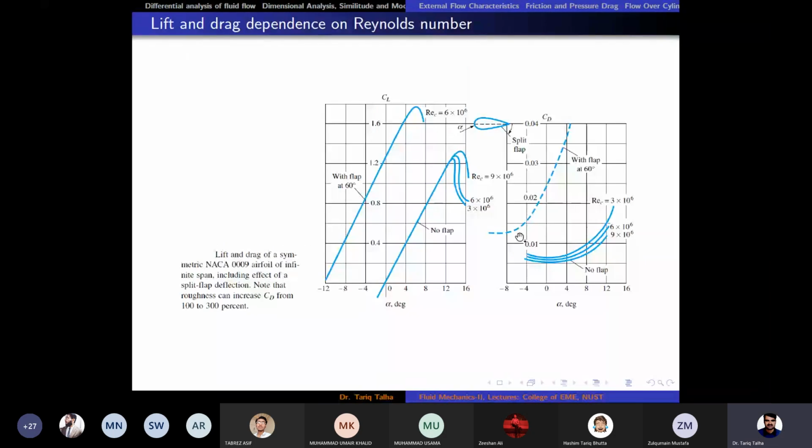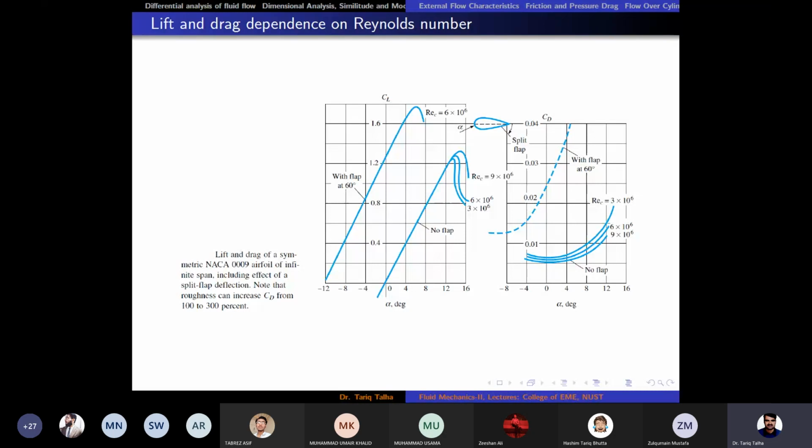Then on the right hand side, as the saying goes, there is no free lunch in this world. Because we are increasing the CL value, the CD value would also increase. Here the bottom three curves are the CD curve without the trailing edge flap, and this dotted line is the curve due to the trailing edge flap.